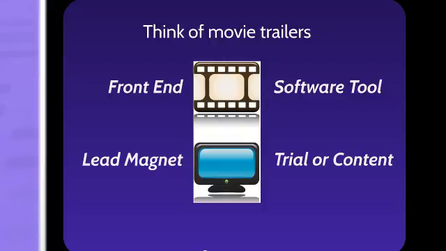Don't worry about selling or anything like that. Just make it so that they want more. With the content, you can create a piece of content relating to what happens when the software is missing. For example, in the bookkeeping example, if the software is missing, I have to do it manually, or find somebody to do it and pay them. That costs a lot of time and a lot of money out of my own pocket.